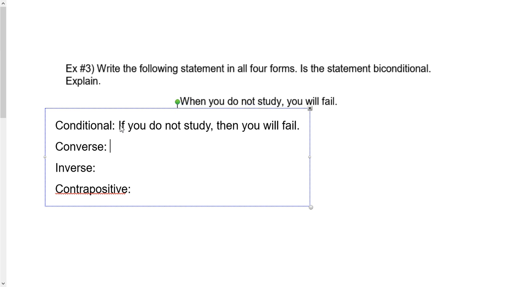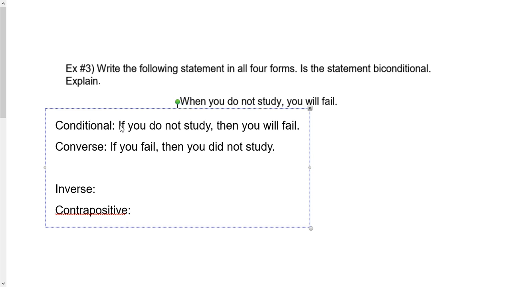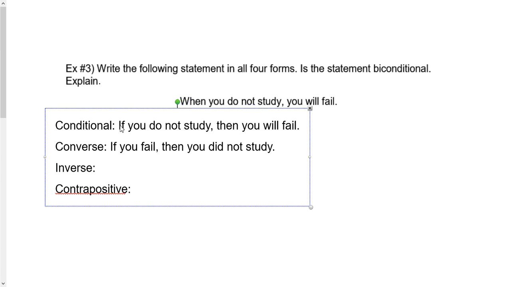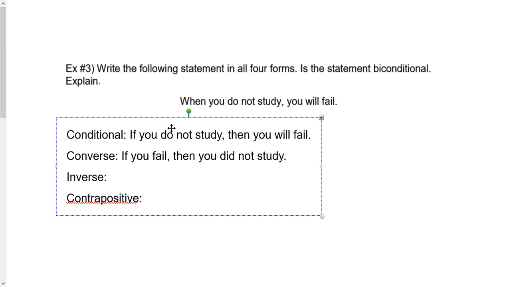The converse, switch up the statements. If you fail, then you did not study. The inverse is taking the negatives, or changing the sign of the conditional. So because this already has a not in it, let's move that slightly over.